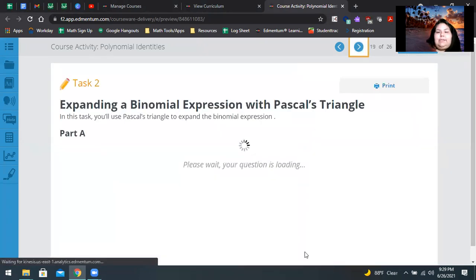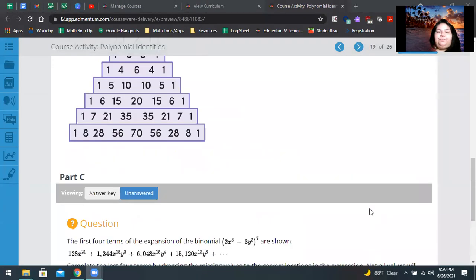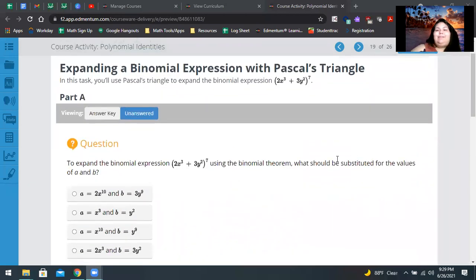So let's take a look at it on slide 19 here, which is task number 2, which is also graded. Okay. So we are asked to expand 2x cubed plus 3y squared raised to the 7th power.